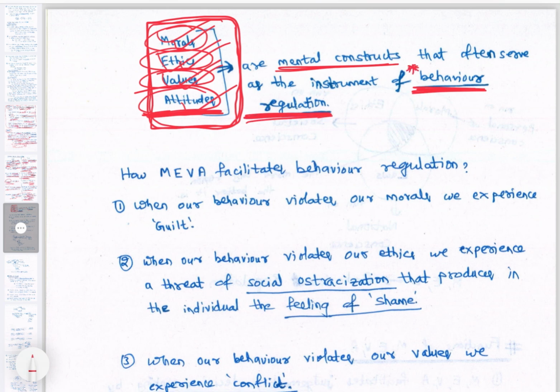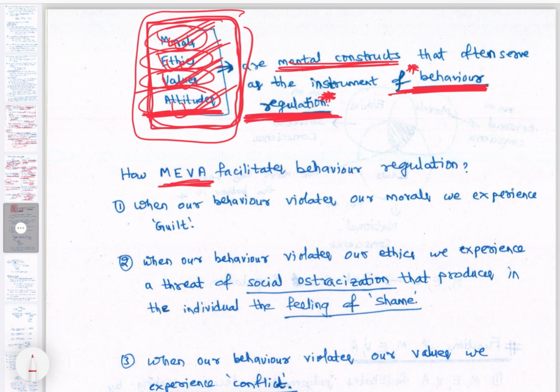If you see the purpose or functions of morals, ethics, values, and attitudes, what is it? It is behavior regulation. Their main purpose is behavior regulation: regulating the behavior of the individual and the behavior of society so that people behave well, so that there is harmony in the society.